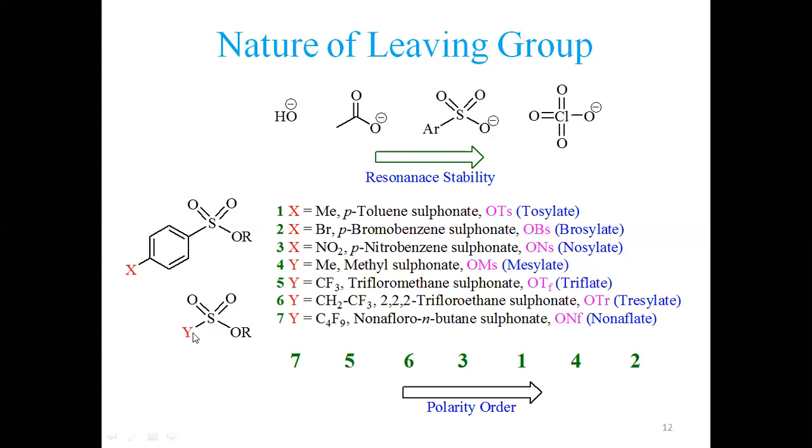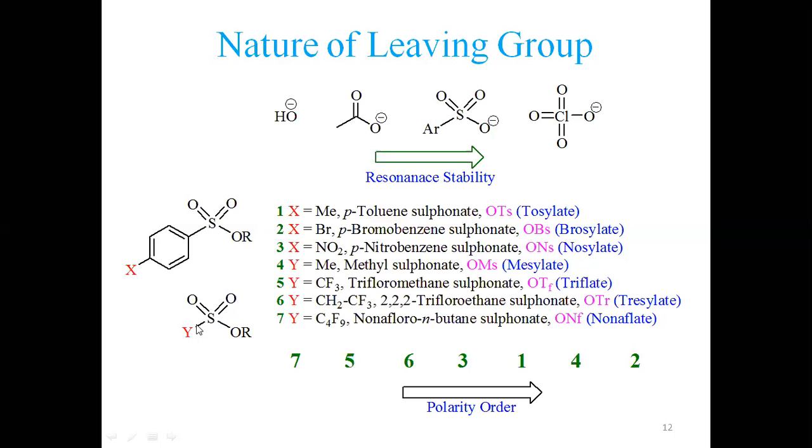If we replace this Y by CF3, meaning in methyl all hydrogens are replaced by fluorine, fluorine is electron withdrawing by inductive effect. So this Y group, methyl, was electron donating, but when it is CF3, it is electron withdrawing.